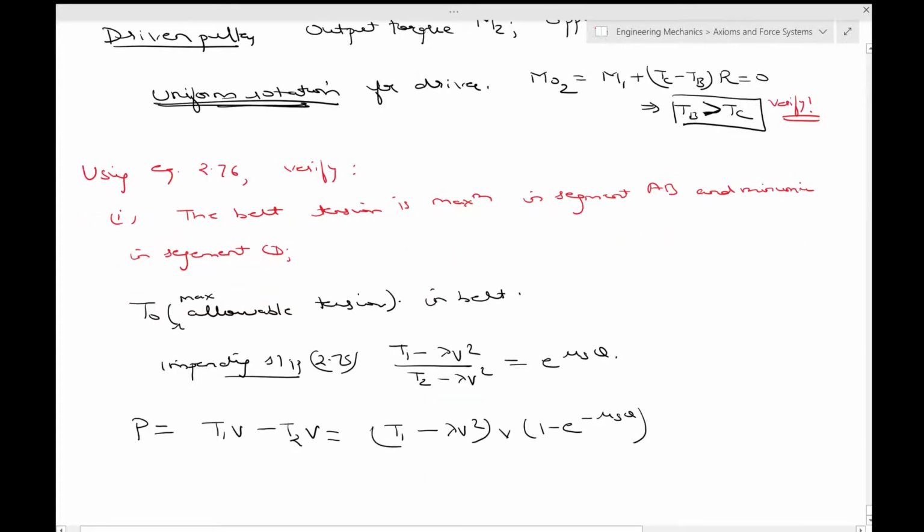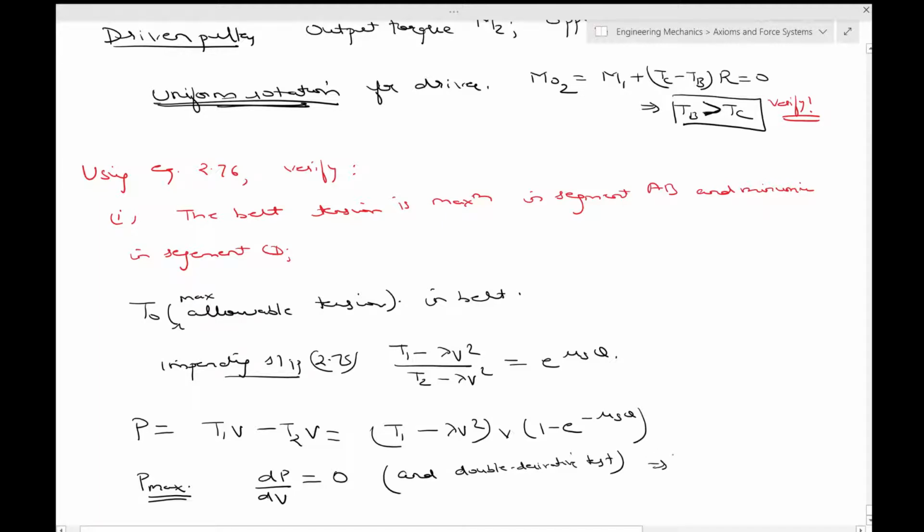Now if you want P to be maximum, we have to have dP by dv equal to 0 and a double derivative test, because a single derivative can also give you minima.